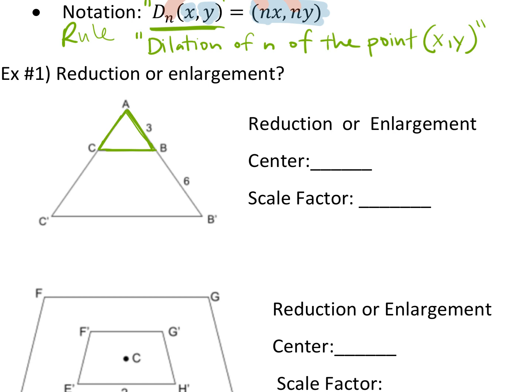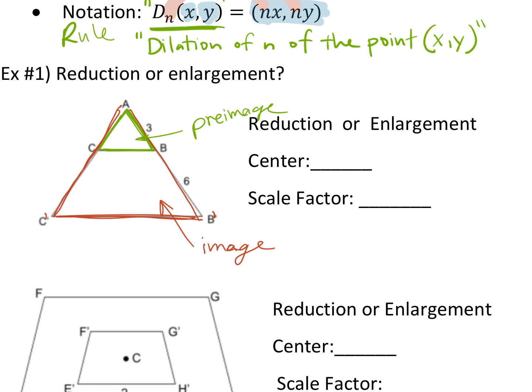So you have that triangle. Notice that's just ABC, right? Then we have A prime, B prime, C prime. When the primes show up, that's your new figure. Okay, so green is your pre-image. My red is my image, what it became.